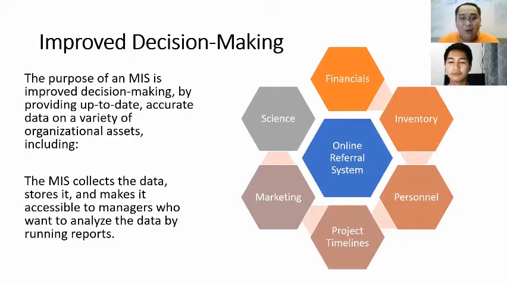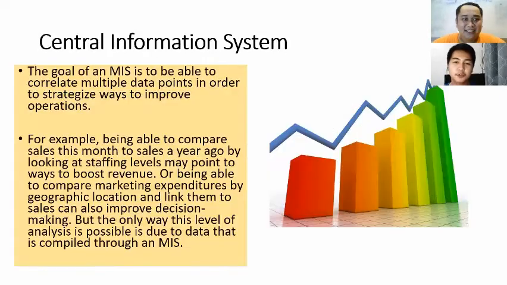Particularly in our field of interest, there have been a lot of advancements in psychosocial support services, particularly in online referral systems. The management information system collects the data, stores it, and makes it accessible to managers who want to analyze the data by running reports. So it's a system wherein data will be understood and will help the person, boss, or manager make an improved decision.